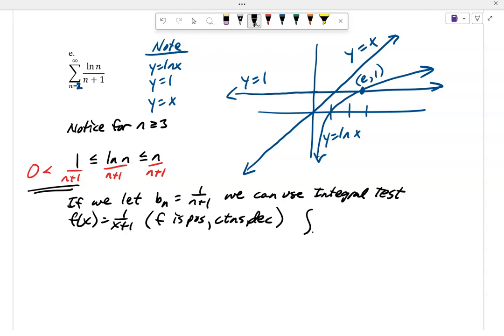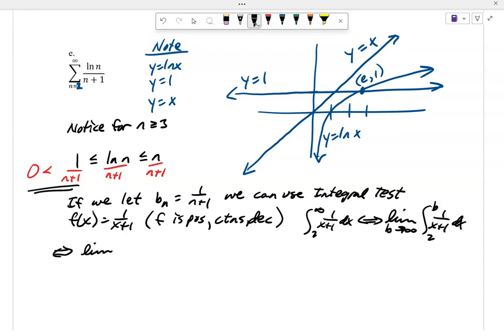And so the integral from 2 to infinity of 1 over x plus 1 dx should be the same as the limit as b goes to infinity, from 2 to b. I'm going to let u be x plus 1, so this is 1 over u.